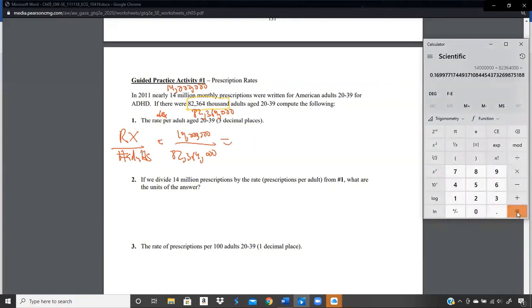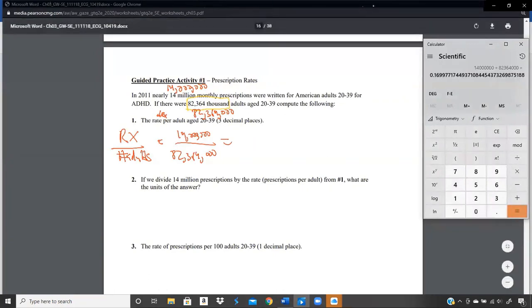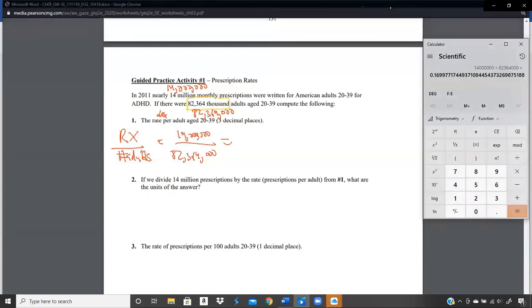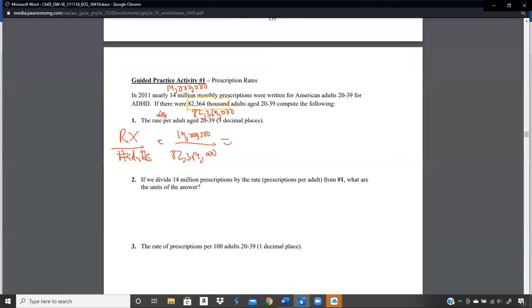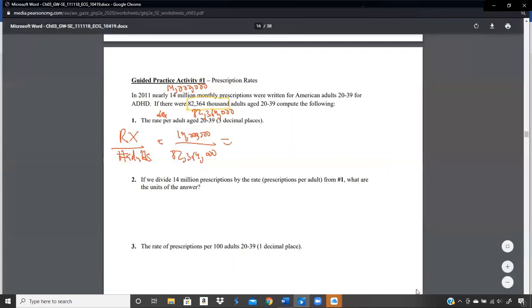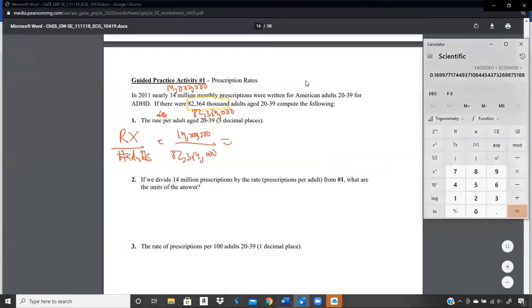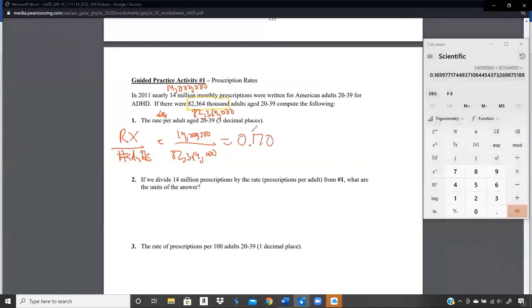Yes. We get 0.1699, blah, blah, blah. They say to round this to 3 decimal places. 0.169, that second 9 tells us to round up, which tells this 9 to go to a 10, which says this 6 goes to a 7. So even though it says 3 decimals, oops, I forgot to annotate. Put the annotate back on. It's going to be 0.170. And that would be prescriptions, because that's the units from the top, and the bottom was adults, so per adult.